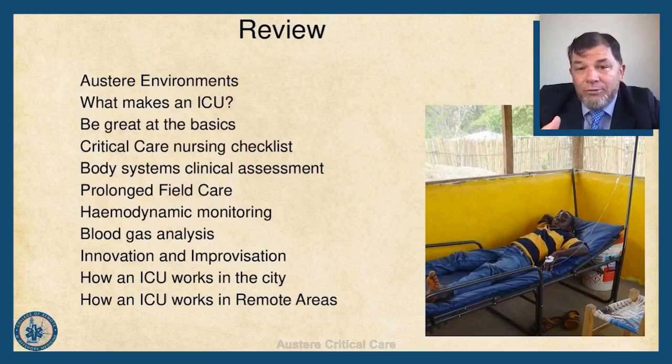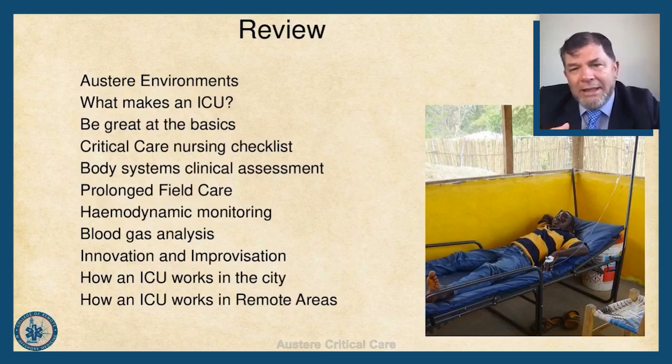Know prolonged field care, because you're going to have this casualty for a long period of time. In the whole concept of austere critical care, we assume that you already know prolonged field care and you have experience in that and training in that to get into the point where you can roll over from prolonged field care and add on some of this austere critical care.